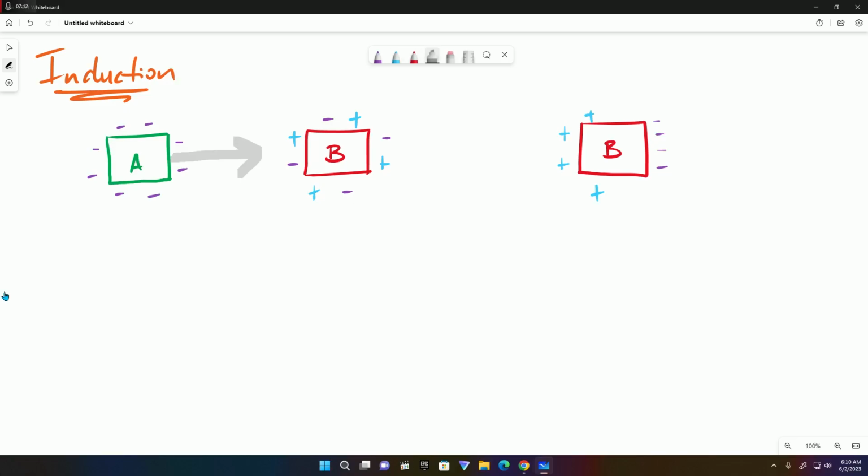You have the positive charges over here, and on the other side you have the negative charges. Now, it is not that B has an overall charge, but that B has these two specific regions of charge, and this is charging by induction.